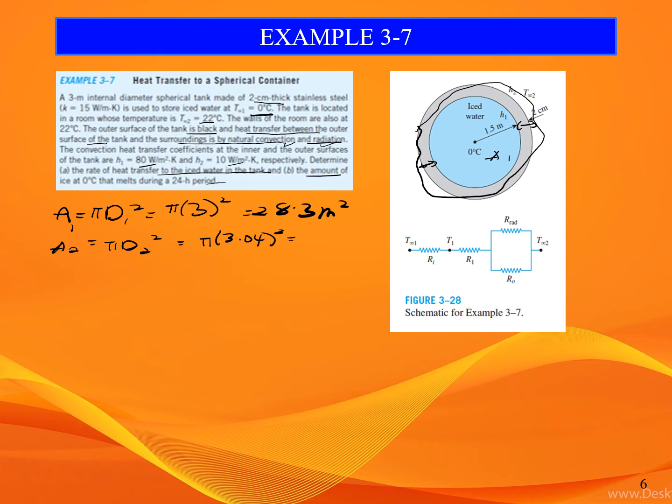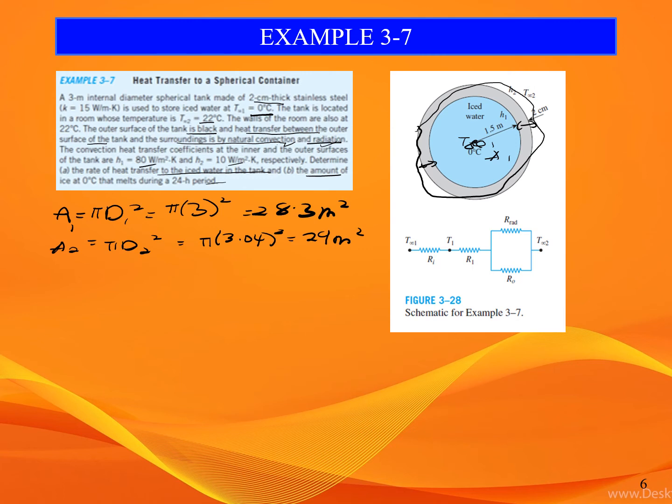So the area A2 is 29 meter square. Okay, what we need to do first is draw the thermal network. We know that starting from here is T infinity 1.